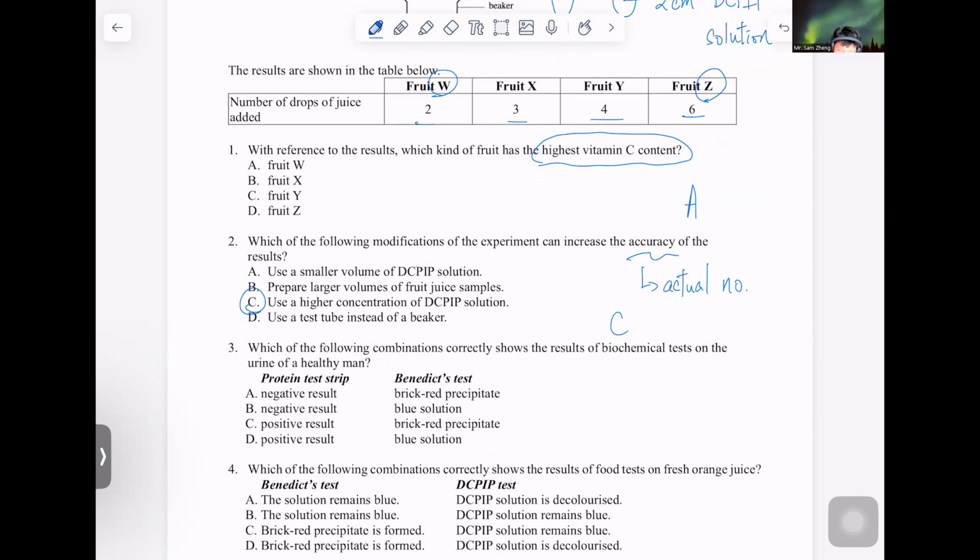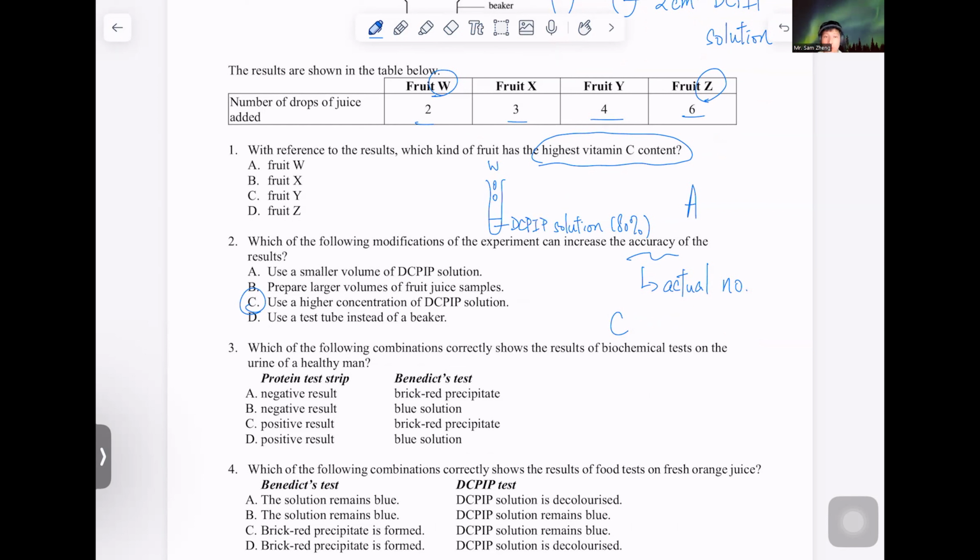Once we add the liquid, or the fruit juice, into the DCPIP solution, then if I tell you that the DCPIP solution is in fact just 80%, while 20% would be water, then in this case, it would be a big problem.